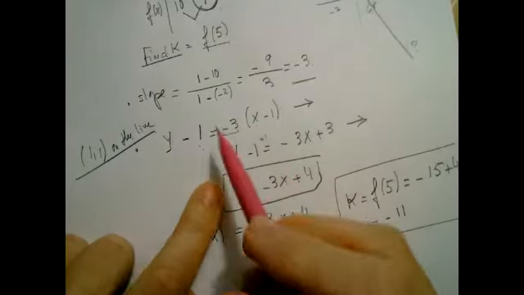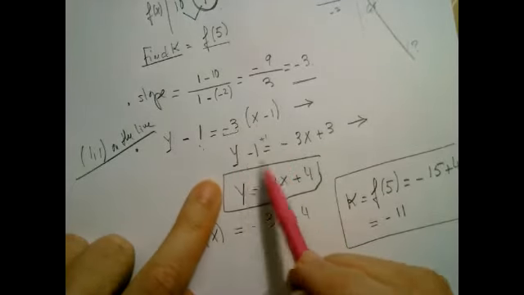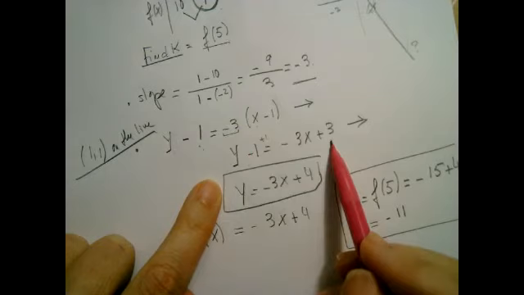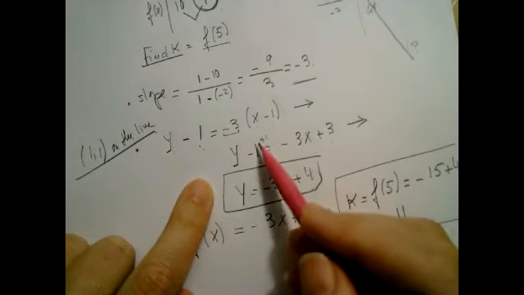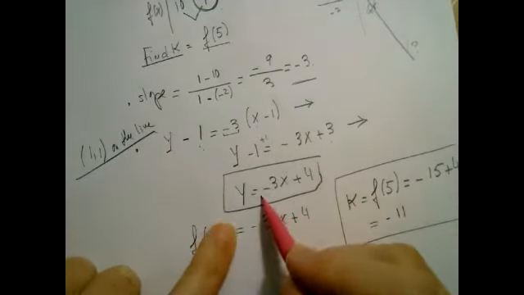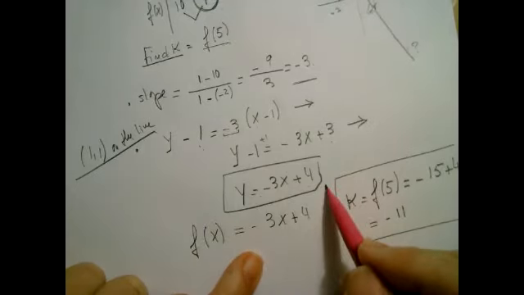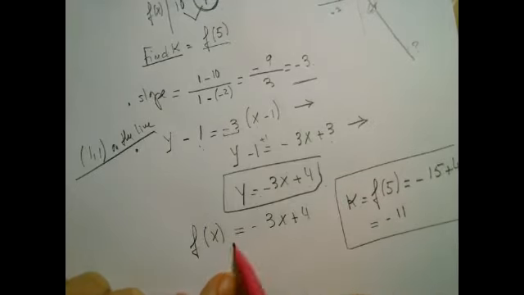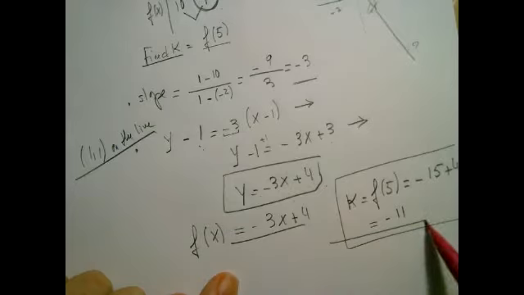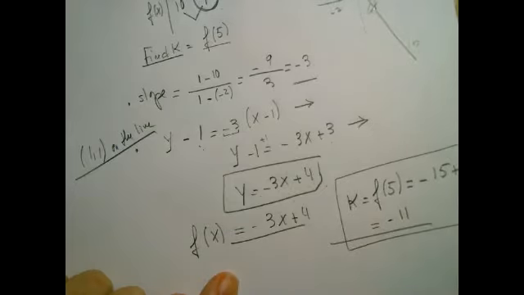Then I solve, which gives y minus 1 equals -3x plus 3. I added 1 to both sides, which gives -3x plus 4. Now I have the formula, I plug in 5 for it. Make sense? Okay, all right.